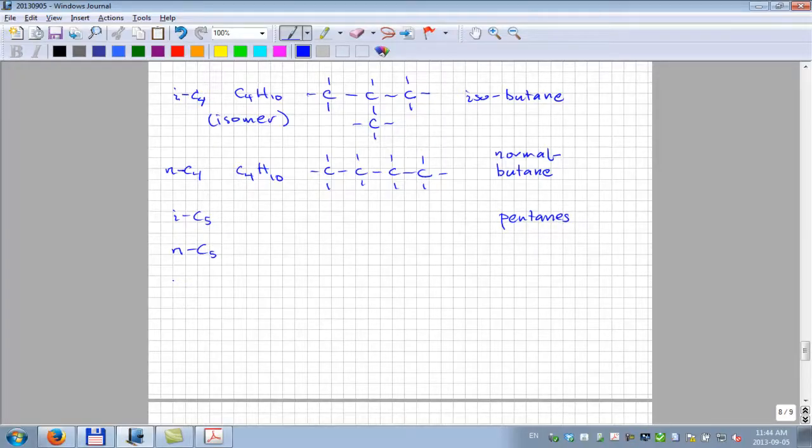And then we start getting 6 carbon numbers, and you can start getting a lot more different configurations. I'm just going to write down normal C6. And then you've got a few of the isomers with straight chain, kind of straight chain.